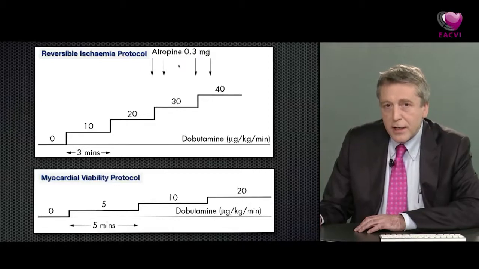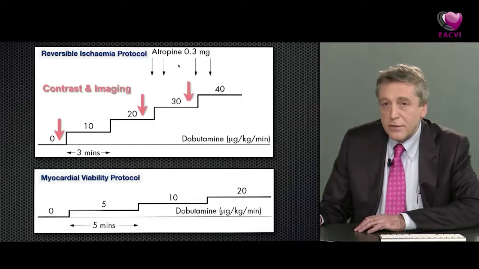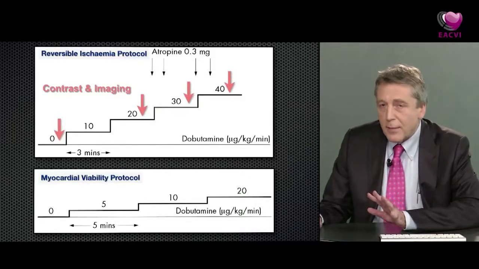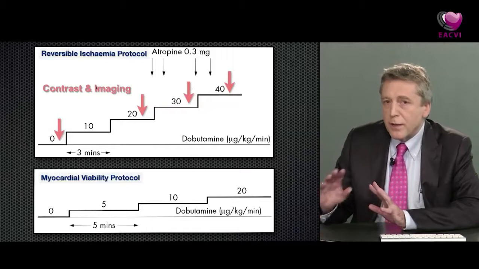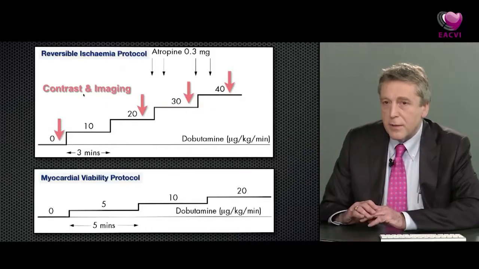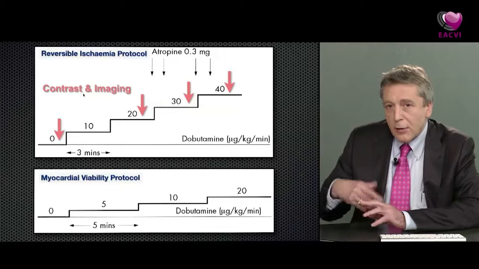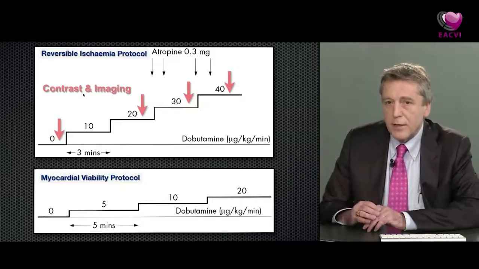Now, conventionally, we would image at baseline at a relatively low dose, say about 20 micrograms per kilogram per minute for reversible ischemia, as you're approaching peak and then at peak. And then I would start the contrast infusion approximately 1 minute before you want to start imaging, because you need it to equilibrate and achieve a constant level within the LV before you start imaging.